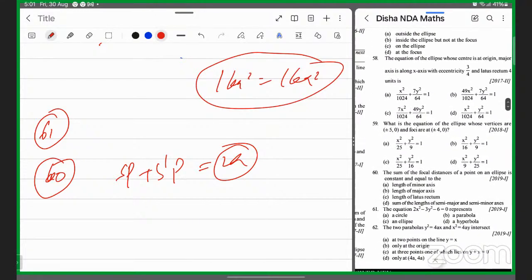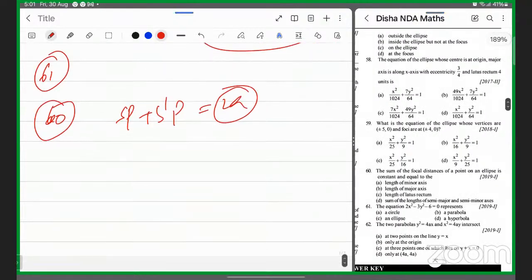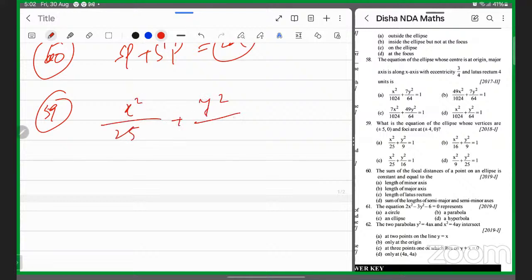Now, question number 59. What is the equation of the ellipse whose vertices are 4, 5 and 4, k?